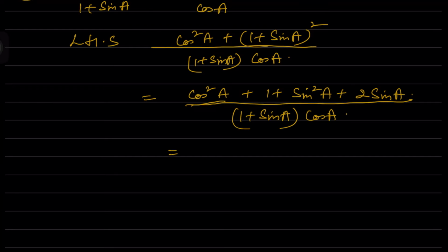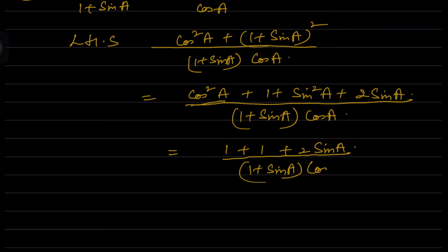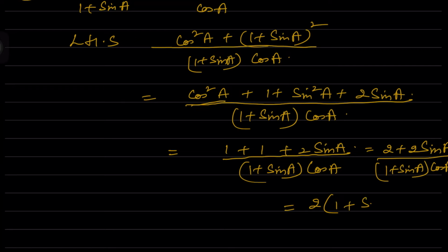So cos square A plus sin square A is 1, so 1 plus 1 plus 2 sin A divided by 1 plus sin A into cos A, which is equal to 2 plus 2 sin A by 1 plus sin A into cos A. If you are taking 2 common, you are getting inside 1 plus sin A divided by 1 plus sin A into cos A. So this will get cancelled.